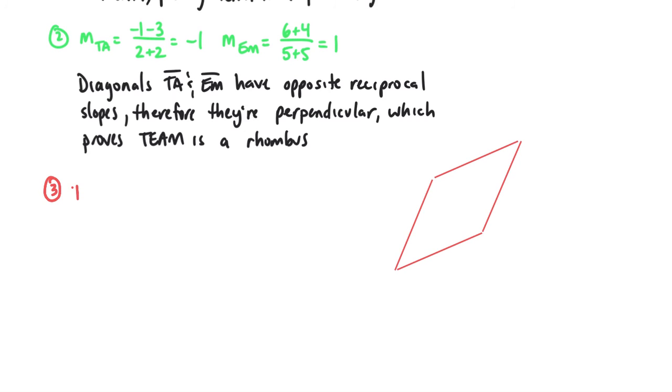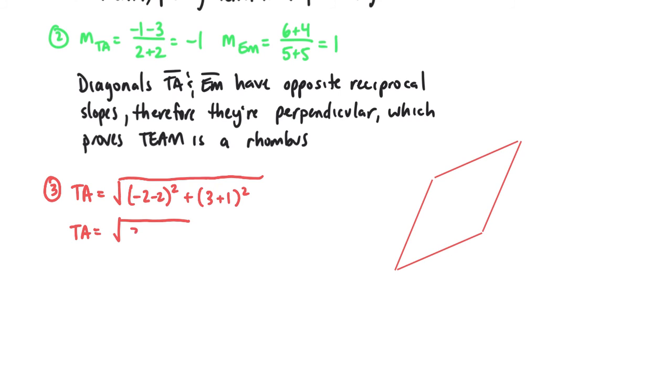I'm going to do the length of TA, and I'm going to use my distance formula. So this is going to be -2 minus 2 squared plus 3 plus 1 squared.